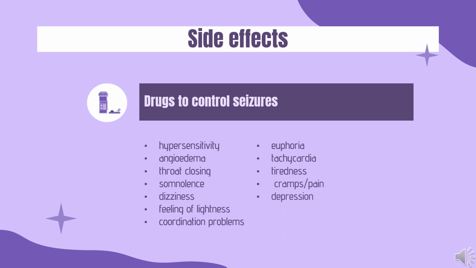Side effects. Adverse drug reactions associated with the use of triazolam include relatively common, greater than 1% of patients: somnolence, dizziness, feeling of lightness, coordination problems. Less common, 0.9% to 0.5% of patients: euphoria, tachycardia, tiredness, confusional states/memory impairment, cramps/pain, depression, visual disturbances.